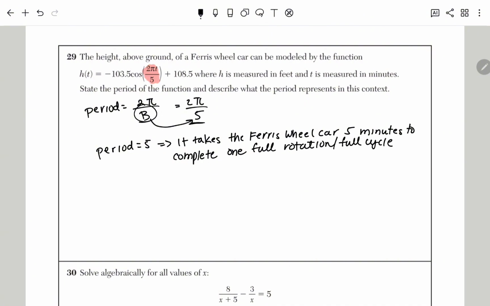Because we know that the period is the time that it completes one rotation in one cycle. Because our period is 5, and we know that t is measured in minutes, we know that it takes the Ferris wheel 5 minutes to complete one full rotation, one full circle rotation.